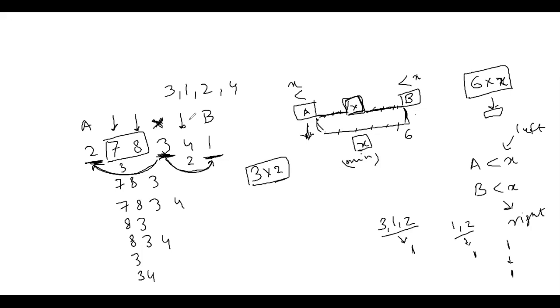You can choose 2 values, or you don't select, that is also one choice. I don't choose anything from the left side, I choose one value, I choose 2 values. So 3 ways from the left side. In this particular case, 2 ways from the right side. I can choose 4 or I cannot choose 4. So as we saw in the example, there will be 3 into 2 ways.